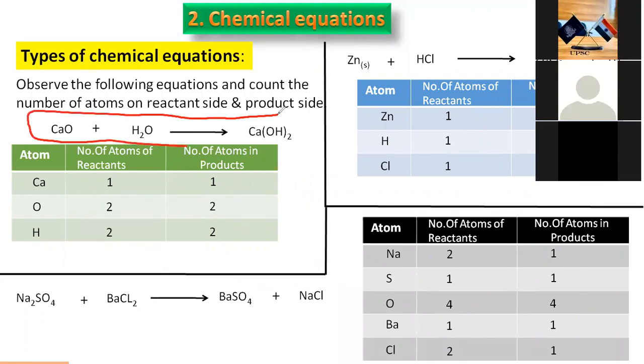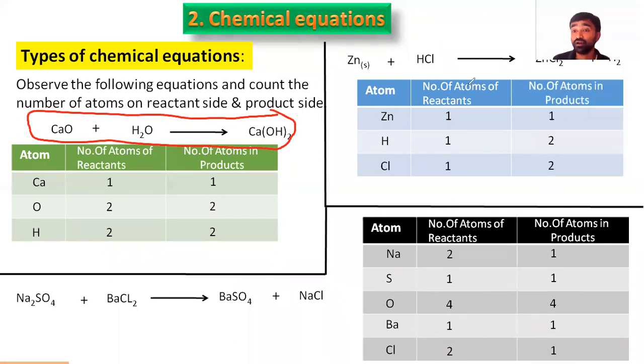What about second and third? Loss, or the count is changed, maybe increased. So what did we learn during the chemical reaction? No new element is produced. Here, hydrogen element is produced newly. That possibility is not there.